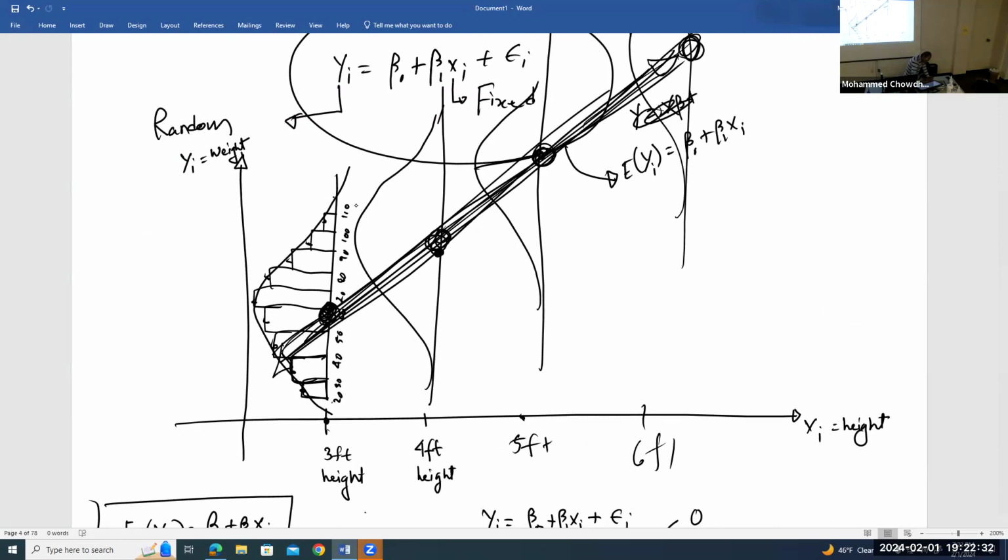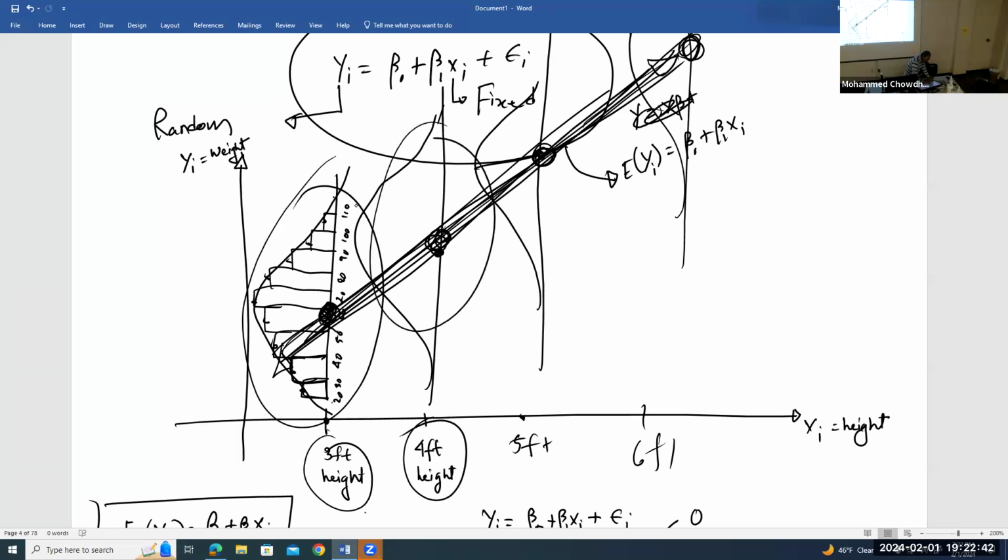See, for a fixed height, I am assuming a normal distribution for Y, for weight. If Y is not normal, then what are you going to do? You have to apply log transformations or Box-Cox transformations. Understand?